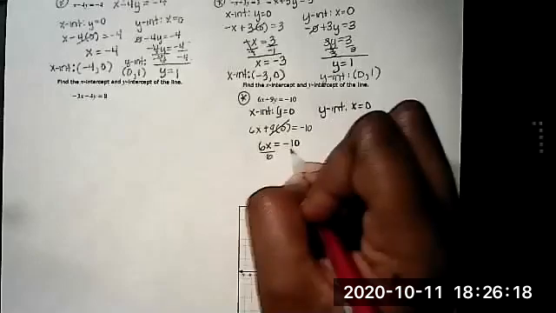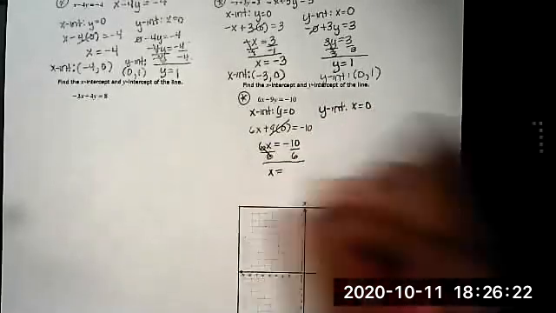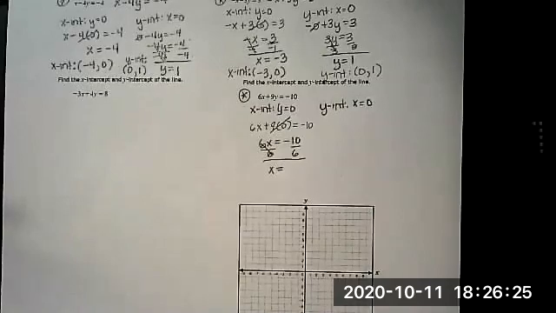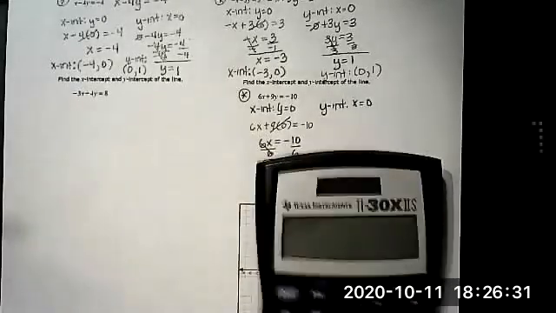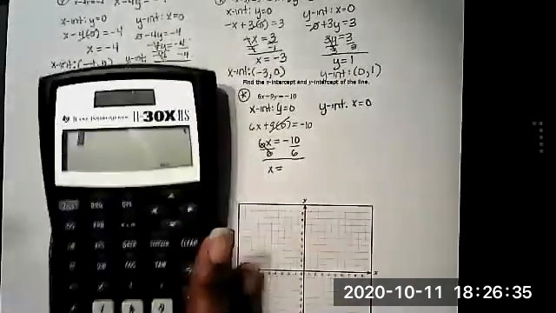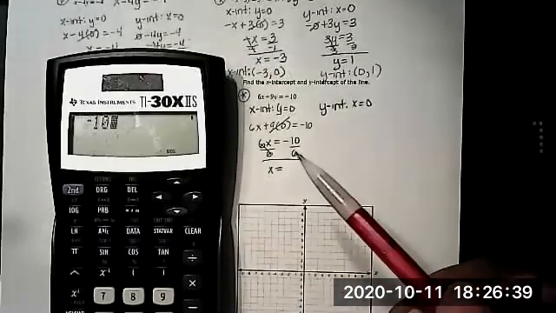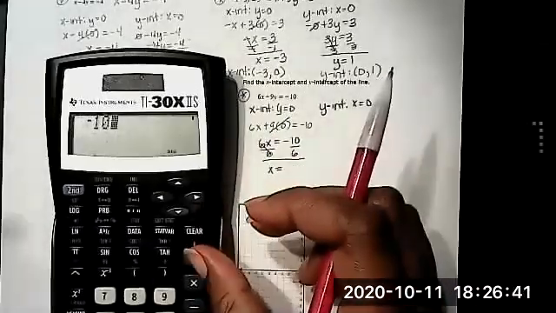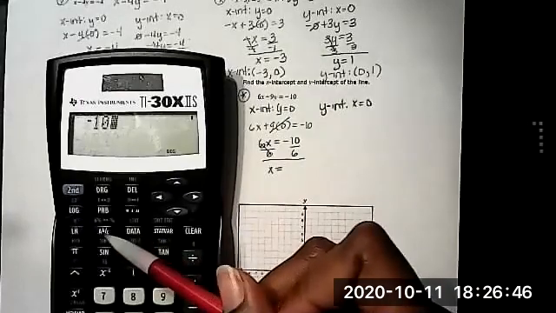Divide by 6 on both sides. Looks like it's going to be a fraction, which is fine. X is equal to, let's put that in our calculator. We get negative 10. Now, instead of putting the division sign, I'm going to use this A B/C key.